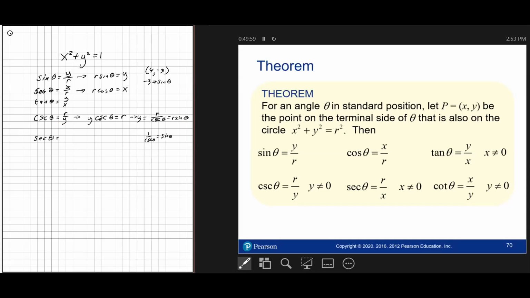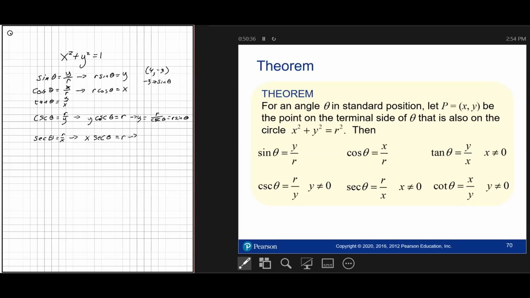And same thing with cosine. I mean, with secant, it's r over x, which is the reciprocal of the cosine. And so I like to rewrite this as x secant equals the radius.